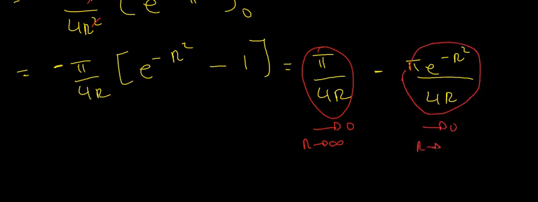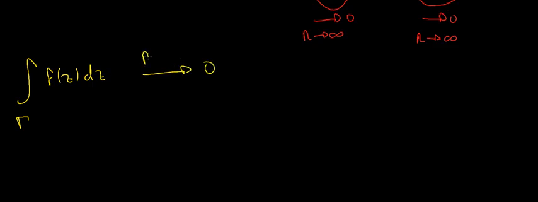So this term goes to 0, and this term goes to 0, so this whole thing must also go to 0. In other words, the contribution of the integral over gamma of f of z dz is going to go to 0 as r goes to infinity.